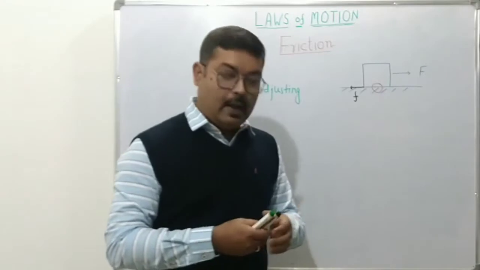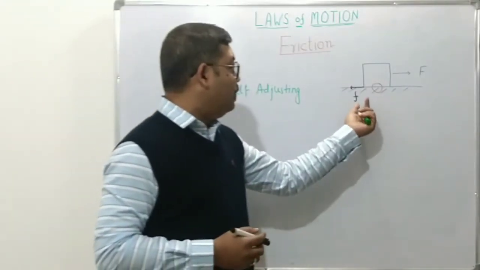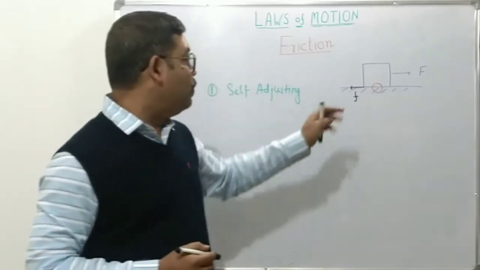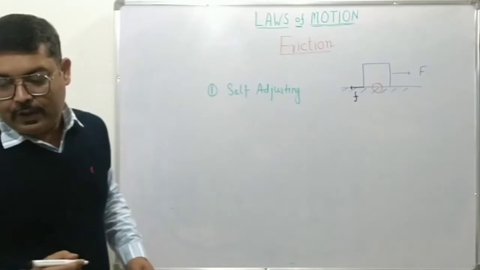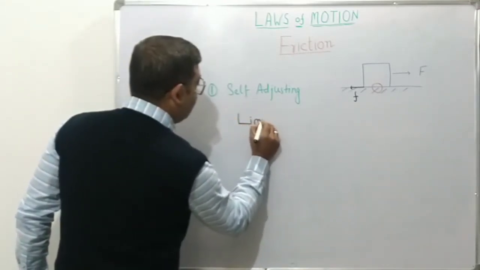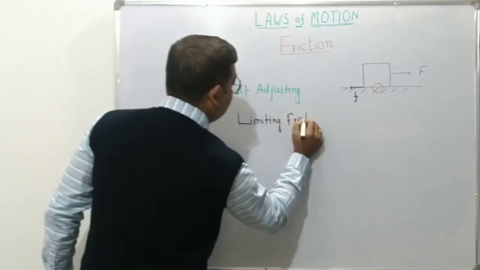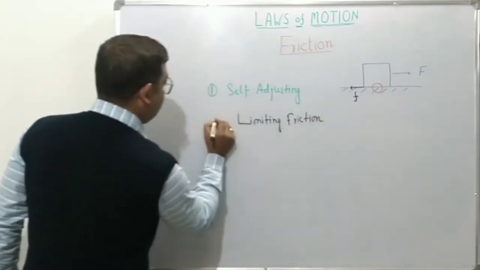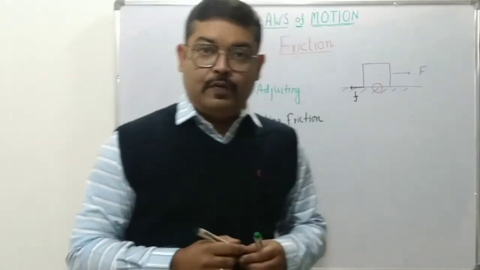And that particular threshold of force, or the maximum amount of frictional resistance that the interface can offer, is known as the force of limiting friction.